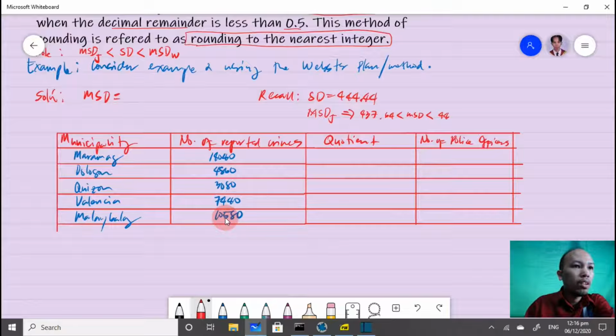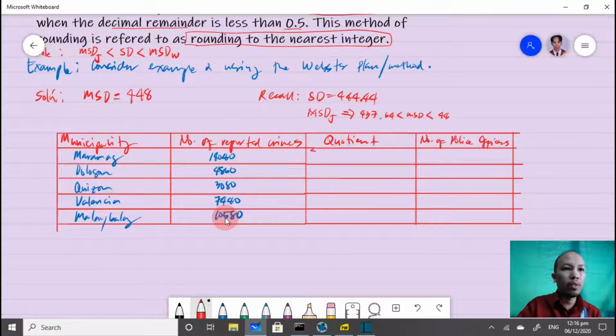So in here I've tested that the modified standard divisor must be greater than 444.44. So I tried 448, and this is the resulting quotient.